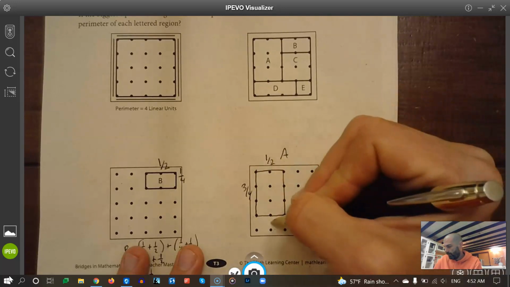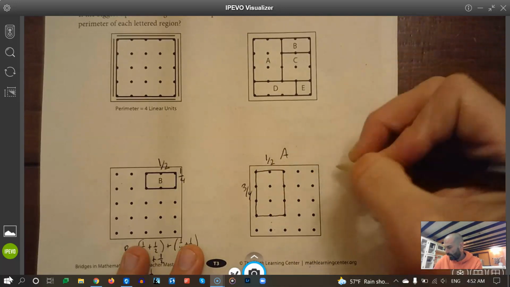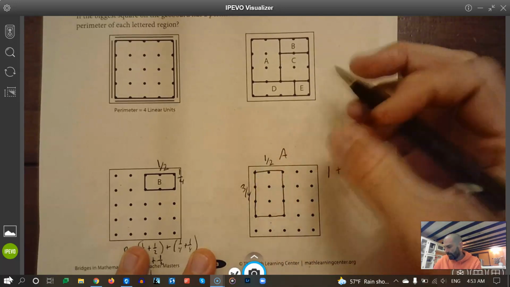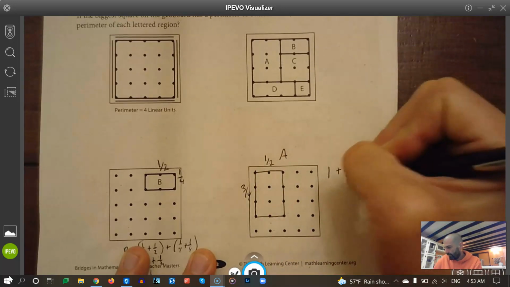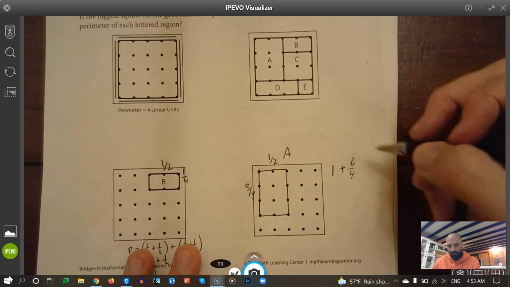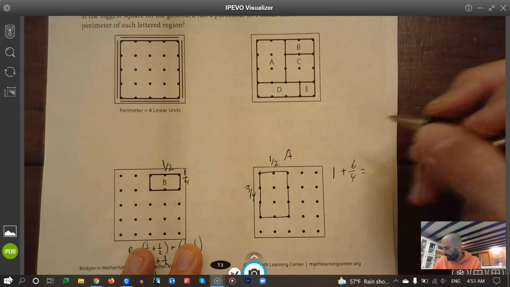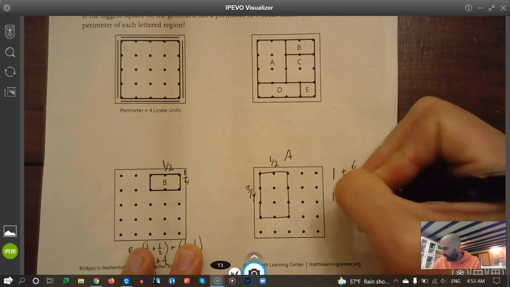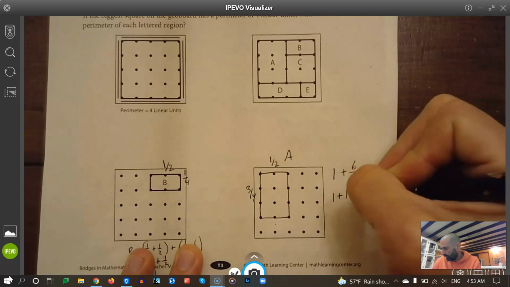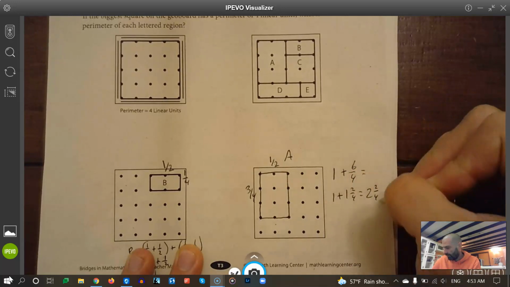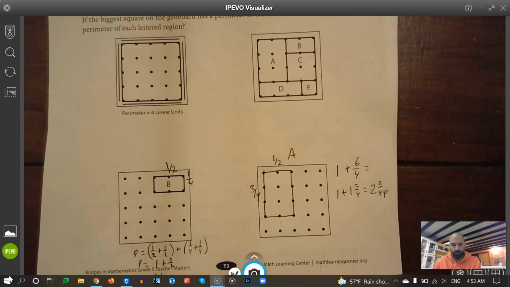Well, 1/2 and 1/2, that's going to give me 1 whole. And then I have 3/4 plus 3/4, which is 6/4. Now, if I'm looking at 1 plus 6/4, that's going to be a little bit difficult for me. So I'm going to take this apart to be 1 plus 1 and 2/4, which now gives me 2 and 2/4, or 2 and 1/2 as my perimeter.